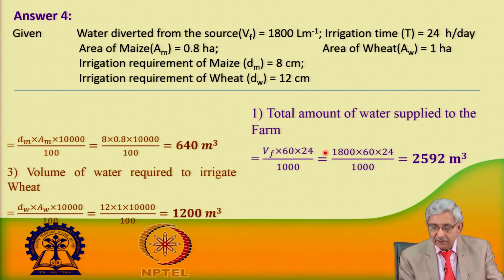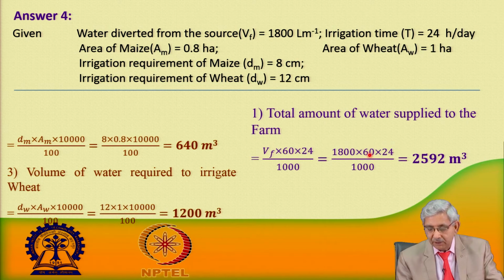So, 1800 liter per minute, this is given in 1 hour, we will multiply it with 60, and then daily irrigation is given, so this will become 24 hours. And divided by 1000 means to convert into the cubic meter.